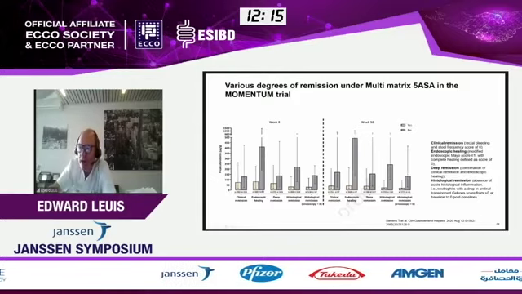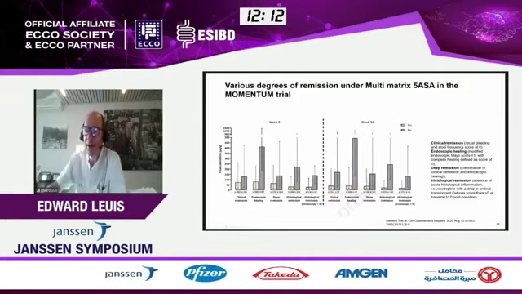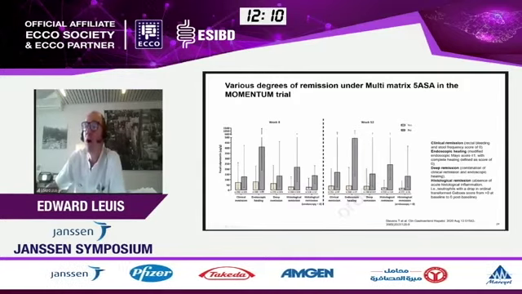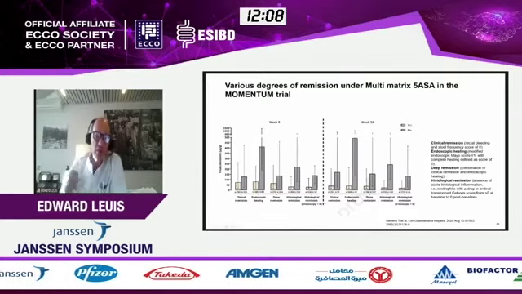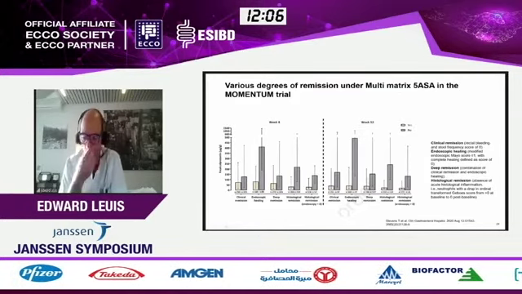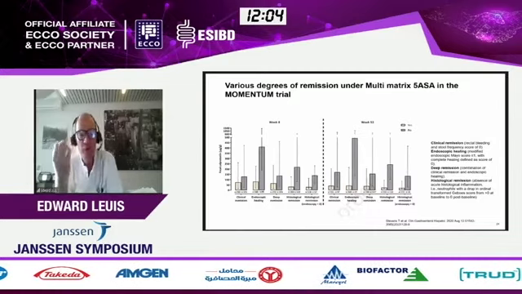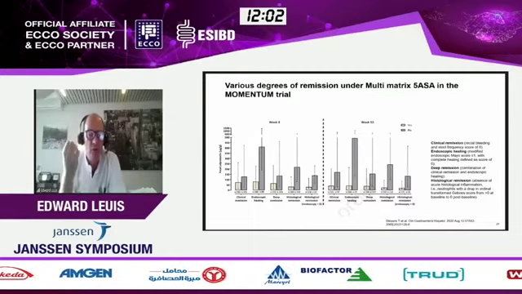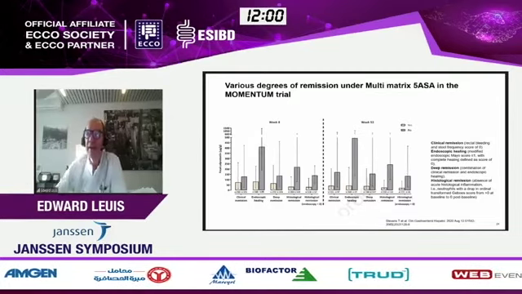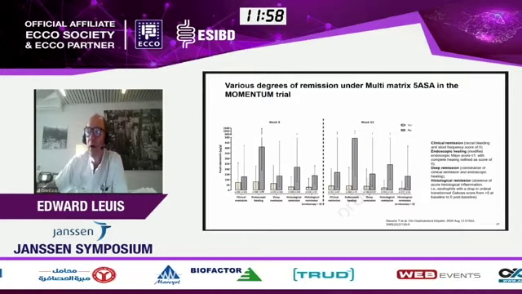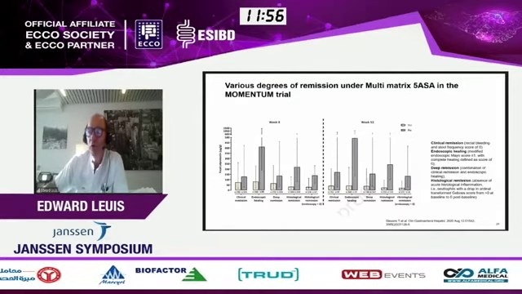What they show here is that all the patients who were in healing had a lower value of fecal calprotectin. This confirms what I told you, which is that in ulcerative colitis, fecal calprotectin is a very good marker of healing, not only endoscopic healing, but also histologic healing.